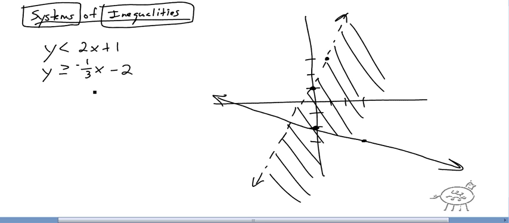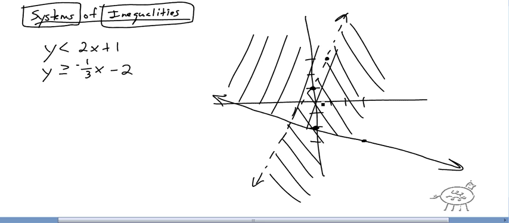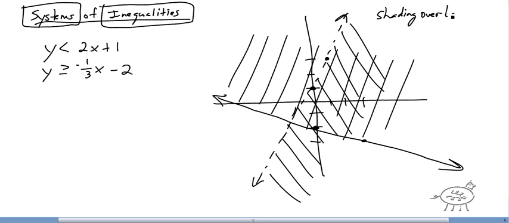With this line, we're going to shade above it, because it's greater than or equal to. And what you want to do is see where the shading overlaps. Where shading overlaps, that is our solution.